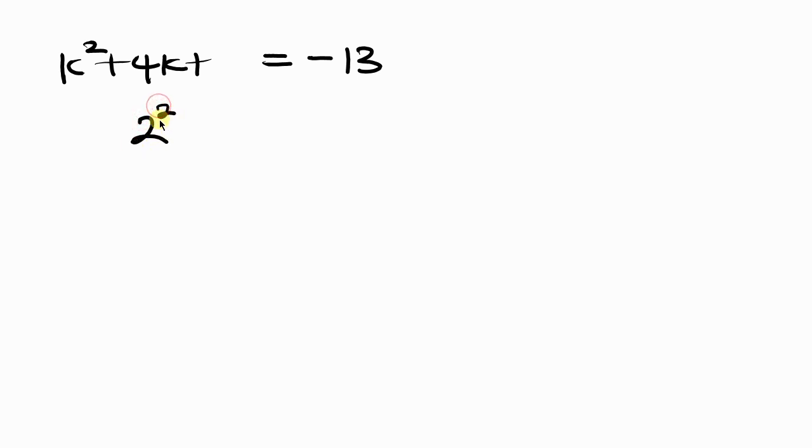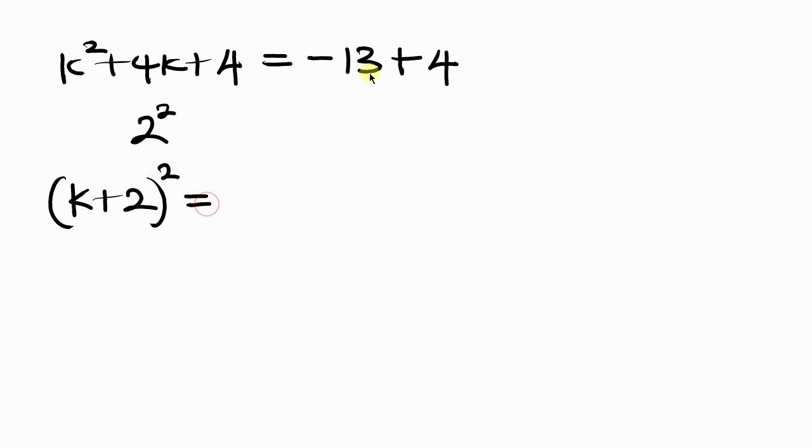I'll square this and add it to both sides of the equation. So I add 2 squared, which is 4. Then add to the right hand side as well to balance it, 4, right? Very good. Now the left hand side is a perfect square that can be written as k plus 2 all squared. This is equal to, now the right hand side, negative 13 plus 4 is negative 9.